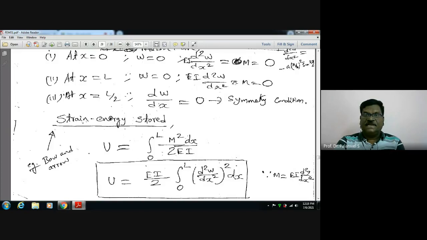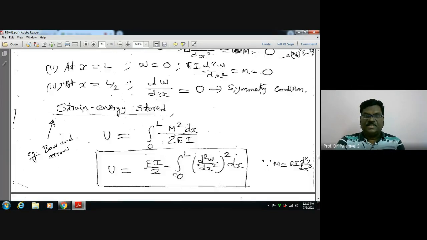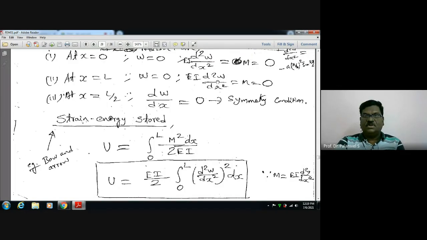One EI cancels with the EI in the denominator, so EI alone remains, divided by 2. So U equals EI by 2, integral 0 to L, of d square w by dx square whole square into dx.